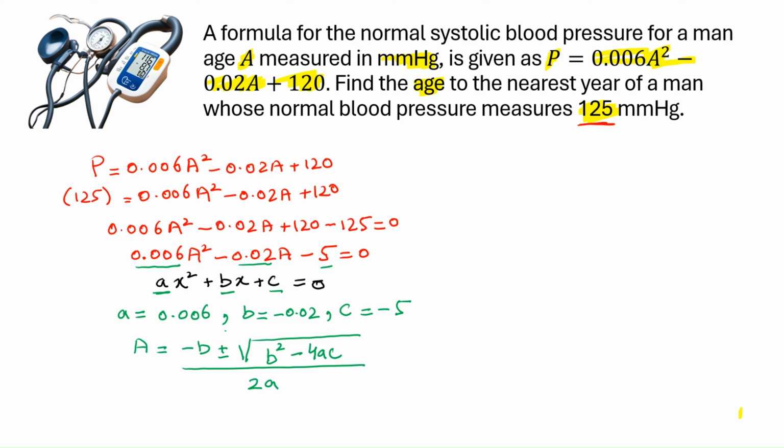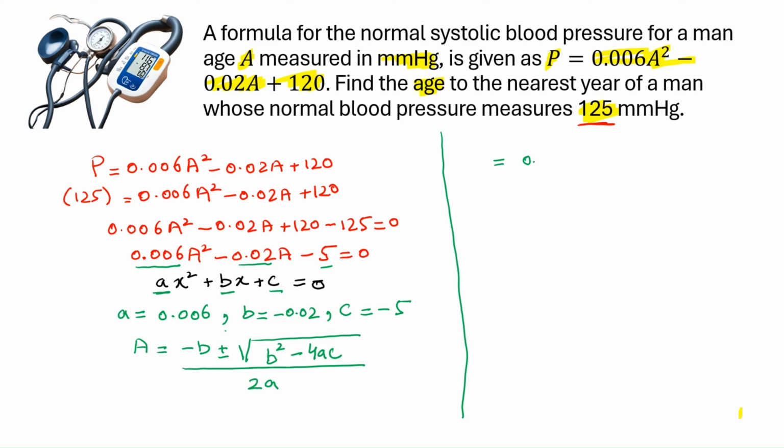So let me plug in the values. It equals negative b. The b value I have is minus 0.02. Negative and negative, once they multiply, become positive.